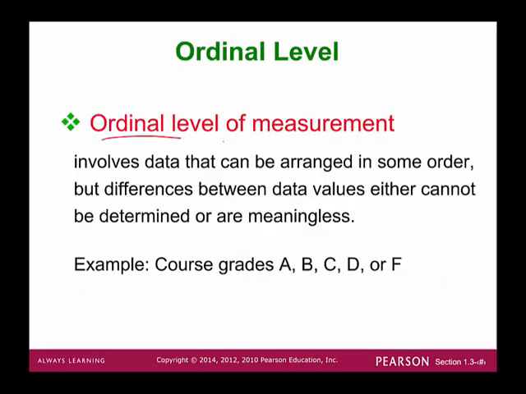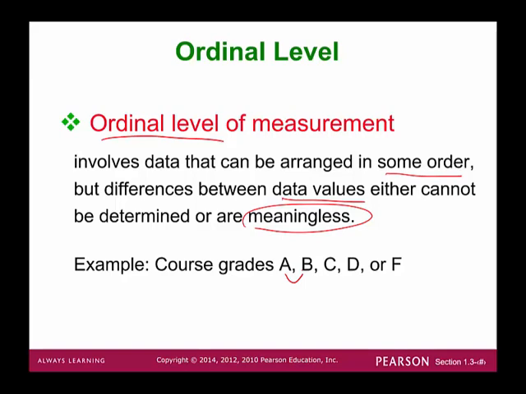The ordinal level of measurement involves data that can be arranged in some order, but differences between those data values cannot be determined, or are meaningless. For example, course grades A, B, C, D, F. It's almost impossible to measure the difference between the student who gets an A in the class and one who gets a B. It's very difficult to quantify the actual difference.